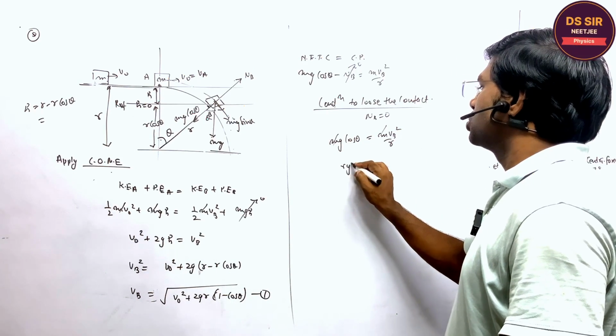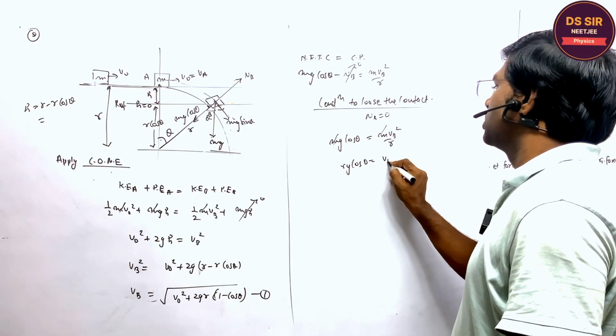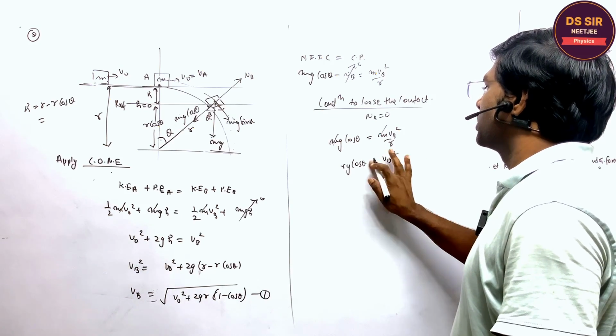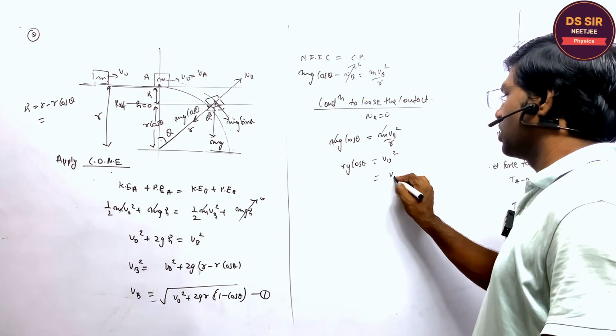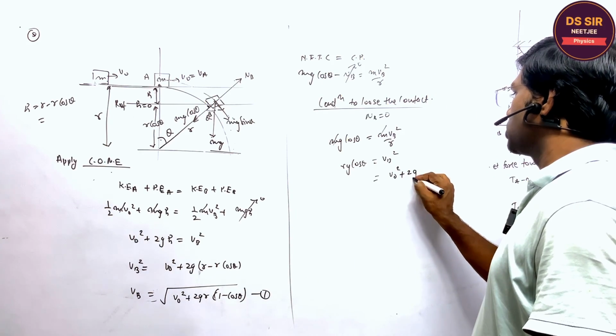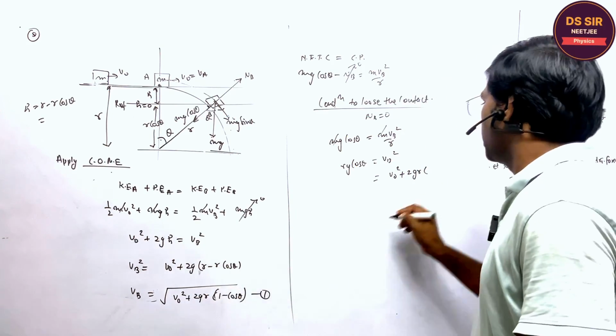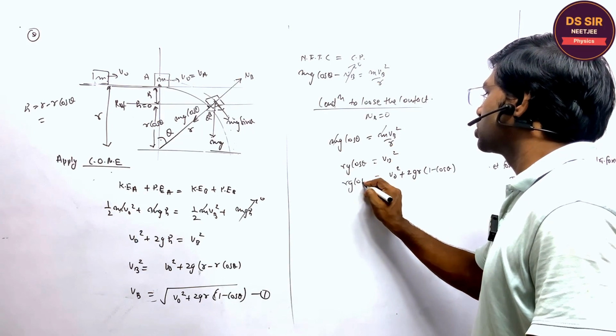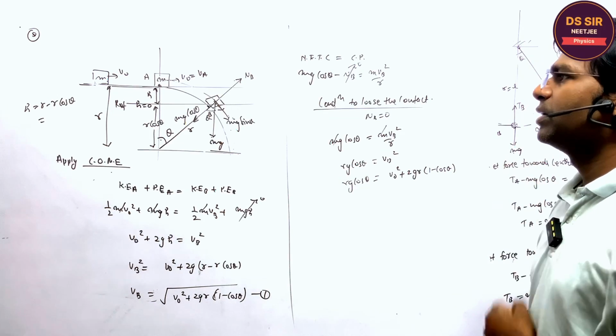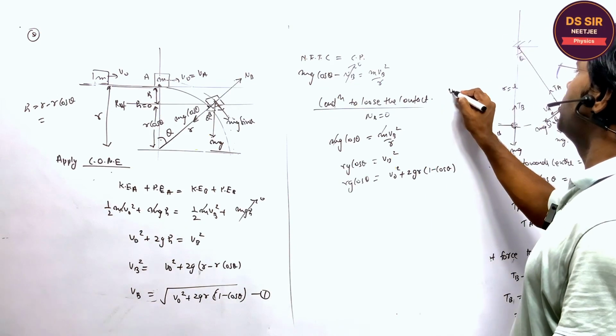The m will cancel out. So rg cos theta is equal to vb square. Is it clear? And what is the vb square? This is the vb square: v naught square plus 2gr(1 minus cos theta) is equal to rg cos theta. Is it clear or not? And what is the v naught value?